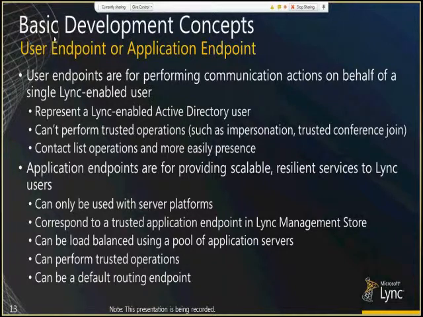Because of that, user endpoints can't perform certain trusted operations like joining a conference invisibly to provide a service. However, they can perform some operations that application endpoints do not have access to that are tied to a single user, like contact list management and some easier methods of publishing presence updates.